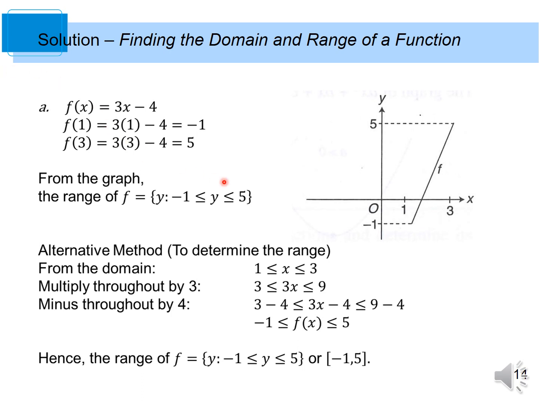To obtain the range of the linear function, you can straight away substitute the domain into the function. You just replace x by 1 and you have -1, and you replace x by 3 and you have 5, and you can conclude your range. So the range of the function is the set y, semicolon, from -1 to 5. You can also refer to this figure.